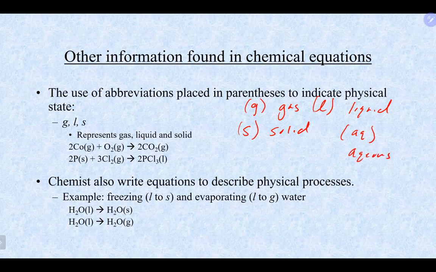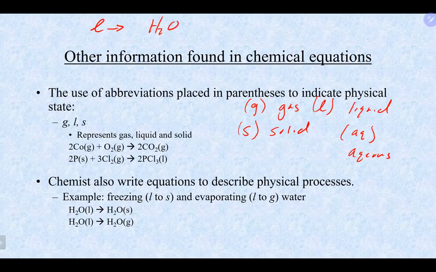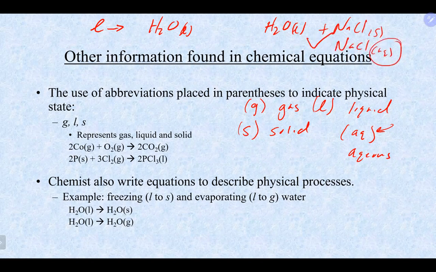There is a difference between liquid and aqueous. Something that is a liquid is a pure liquid. Like if you had water by itself, that would be considered a liquid. Something that's aqueous is really a solution, usually made by dissolving something in a solvent. So for example, if you took pure water and added some sodium chloride to it, it would dissolve and you would make a sodium chloride solution that would get the aqueous symbol.